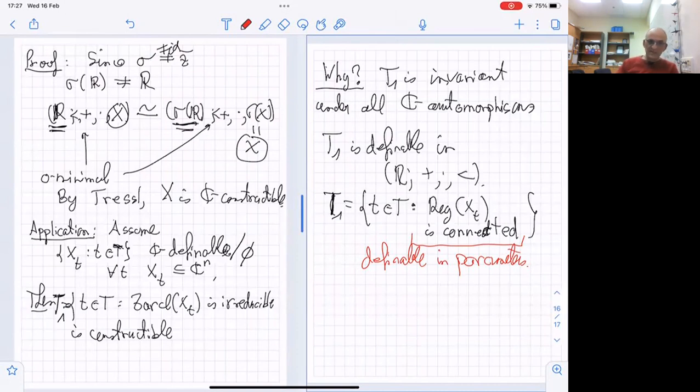Same if you wanted to say that there are k connected components. The number of connected components is the same as the number of irreducible components, and it's definable in the O-minimal structure in R. So by the corollary we said, we needed only one automorphism, it's invariant under all automorphisms, so it's constructible.